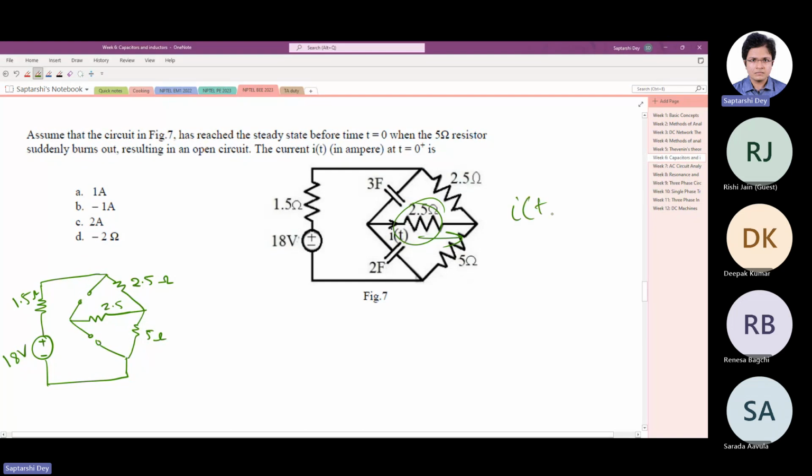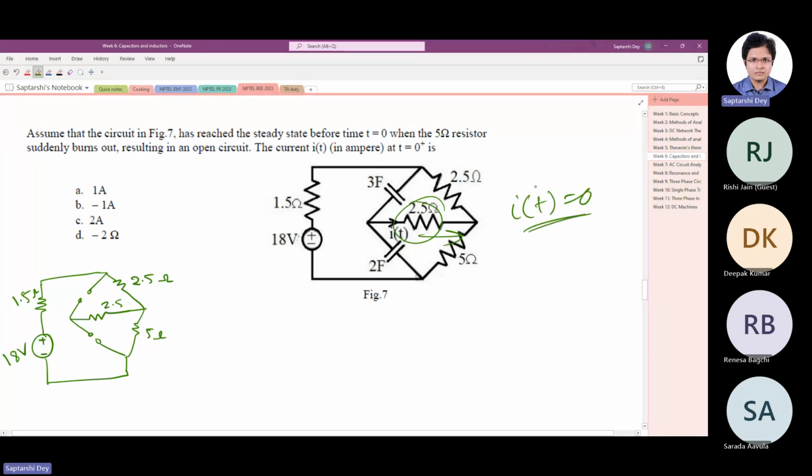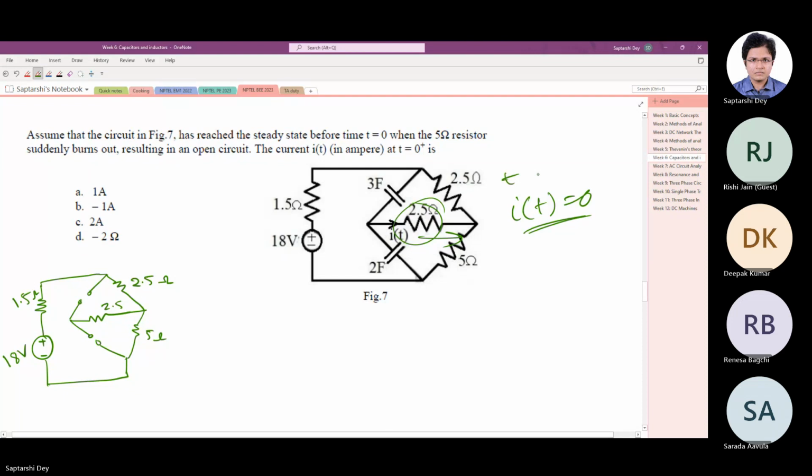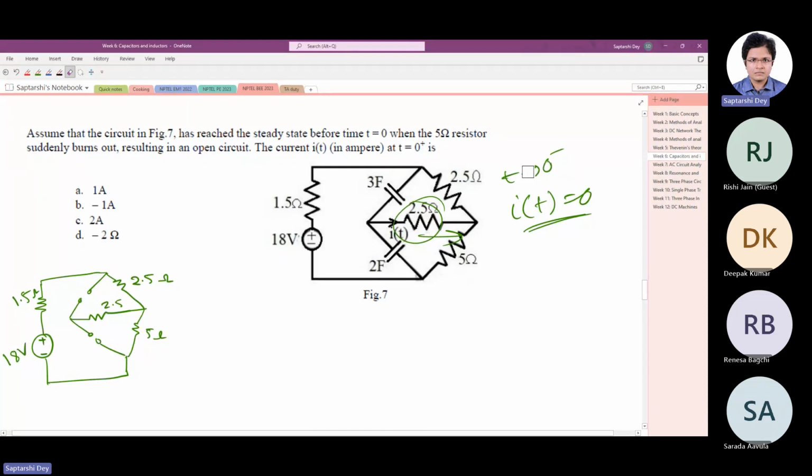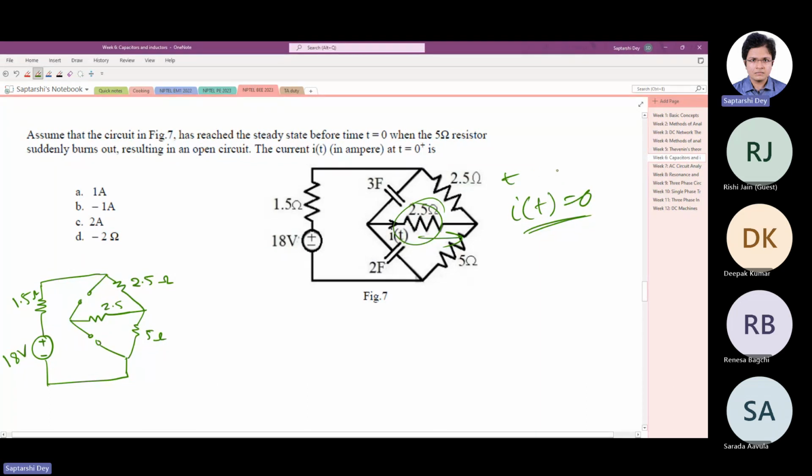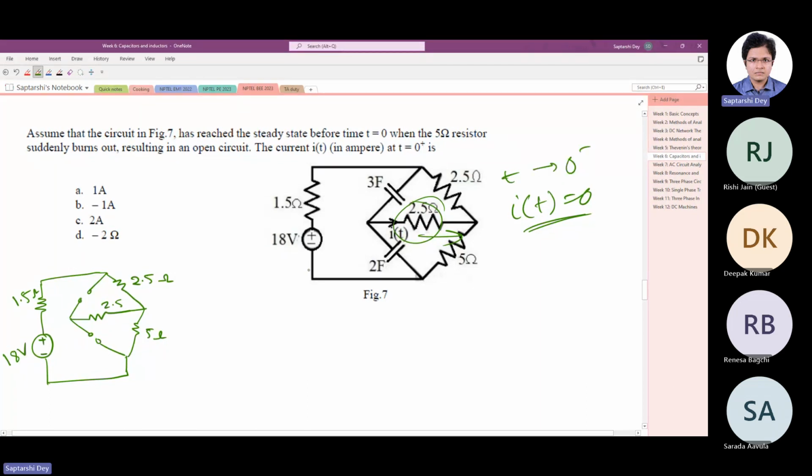At steady state IT was 0, means before t equals 0. I should write it like this. No, not like this, because we don't know when the circuit was turned on. So we can find out the current very quickly. 2 ampere current flows here also.